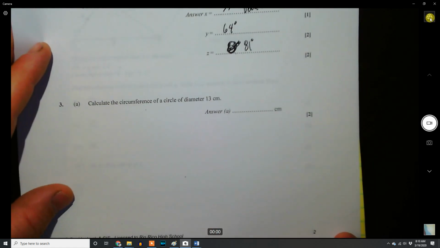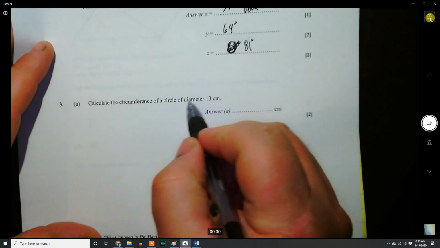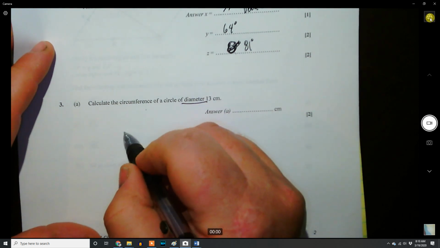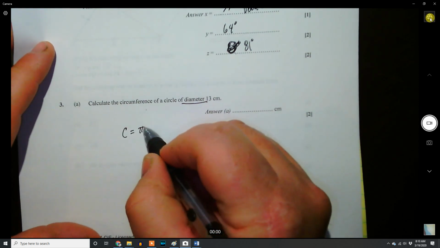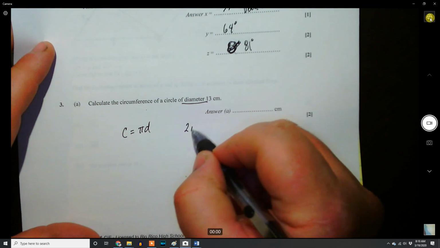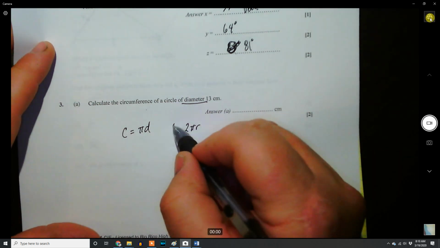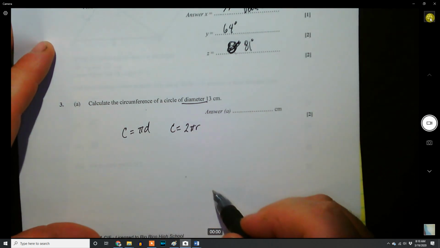All right. Now this one right here. Calculate the circumference of a circle that has a diameter. So circumference is pi d, or the one we most often use is 2 pi r. Right? Circumference is the distance around the outside.